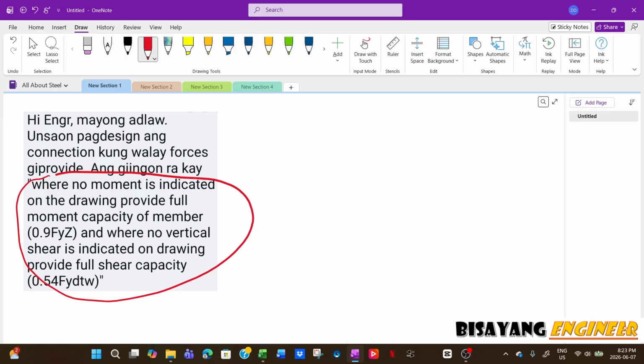In my practice here, at first I was also surprised with that setup, but every time I have a steel building design, I always do the calculation of the connection itself. I don't delegate it.